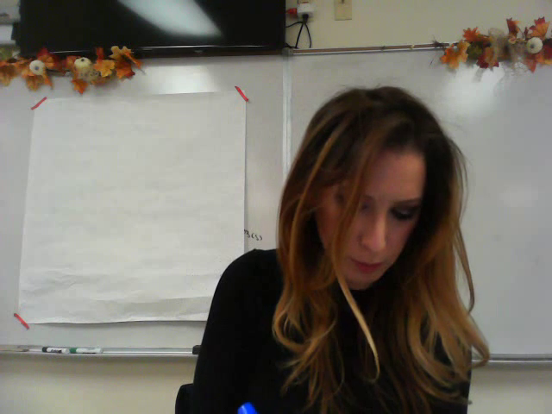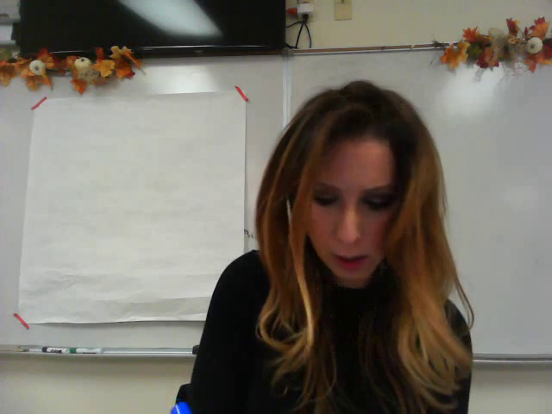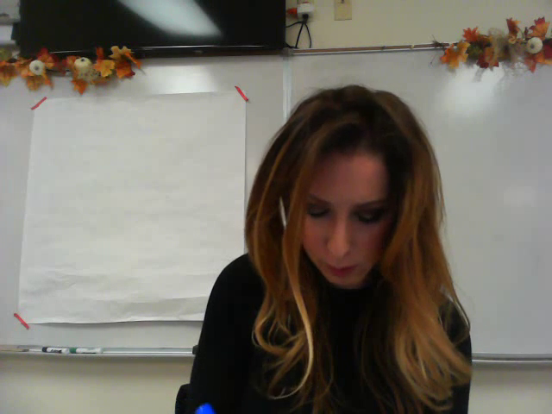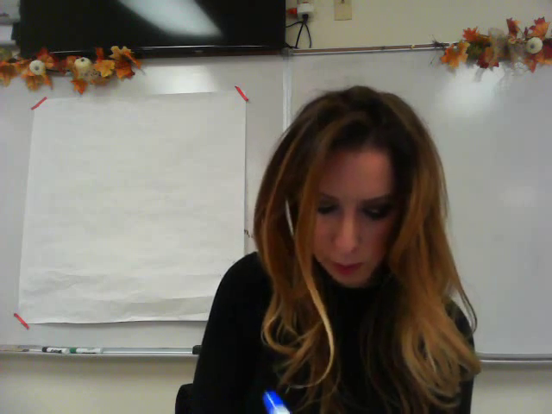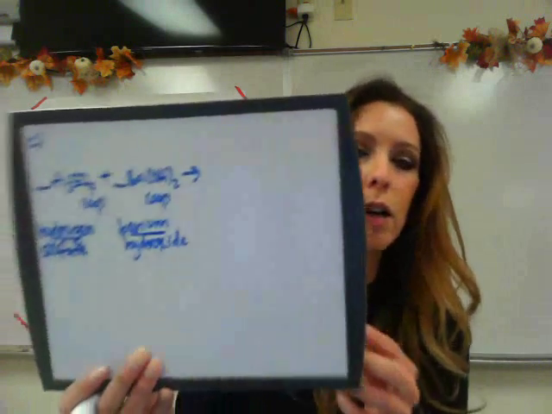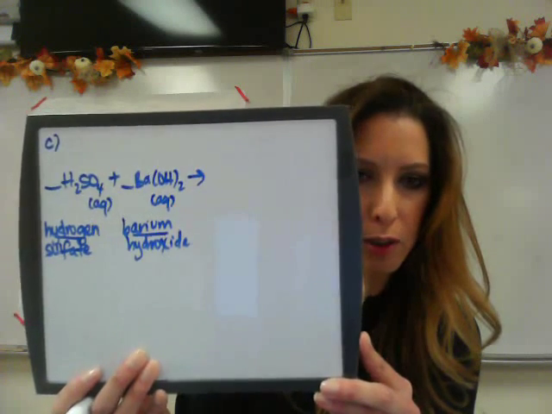We have H2SO4, which is sulfuric acid, but I'm going to write it as hydrogen sulfate, and barium hydroxide. The barium and the hydrogen are the cations in the compound, so those are what are going to switch places. I'm going to get hydrogen hydroxide and barium sulfate.